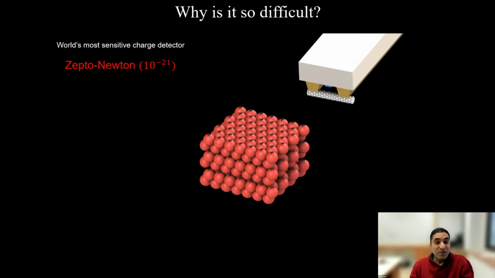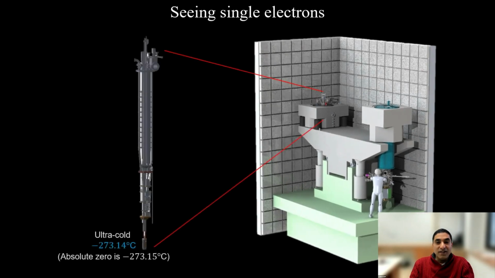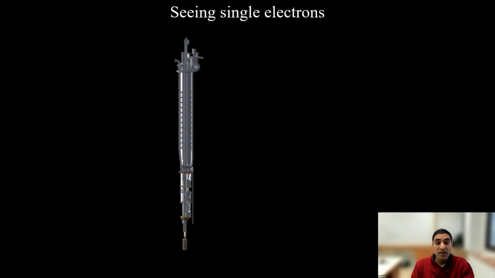So what does an experiment like this look like? It starts from a very large lab that is one of the quietest places on Earth, because we want to look at small things and not vibrate. Then inside these labs, we typically have fridges that can take the physics to very low temperatures, very close to absolute zero, because we are interested in quantum phenomena and we don't want to disturb them.